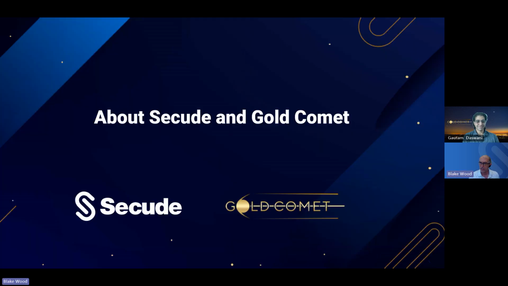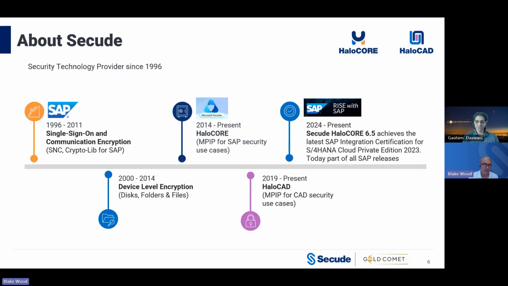Okay, about Secud and Gold Comet, who are we? I will tell you a little bit about Secud. Secud's been around for a while, mostly in the identity and single sign-on space as a partner of SAP's. In 2014, we built a product called Halo Core, where we integrated with Microsoft Purview Information Protection.